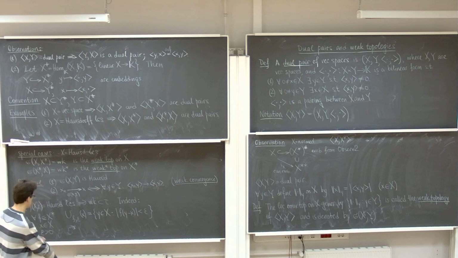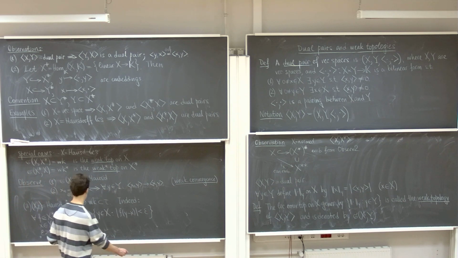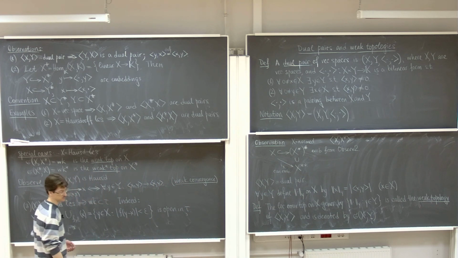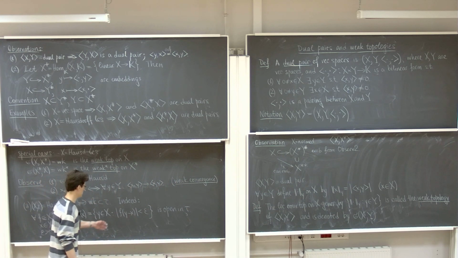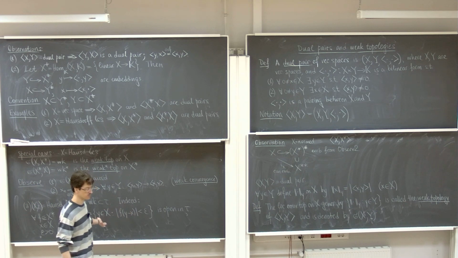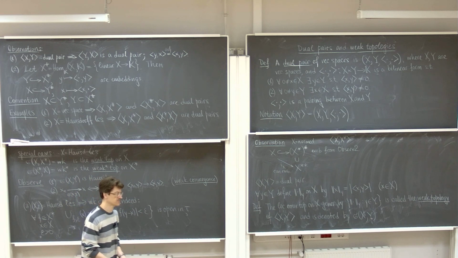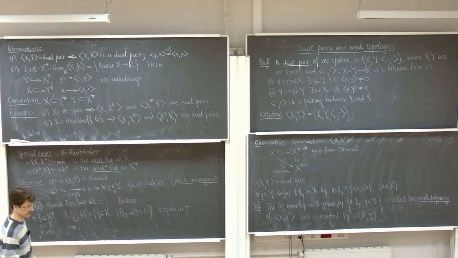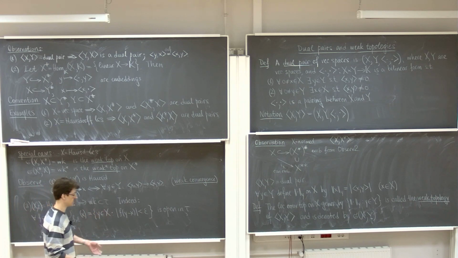So what can we say about this set? First of all, it is open in the original topology, for the simple reason that f is continuous. This is just |f(y) - f(x)|, so this is the preimage of an open subset of the base field. If the base field is the complex numbers, this is the preimage of an open disk on the complex plane.